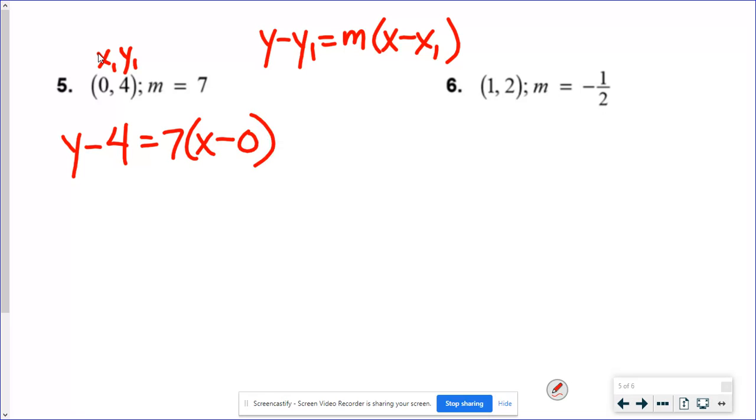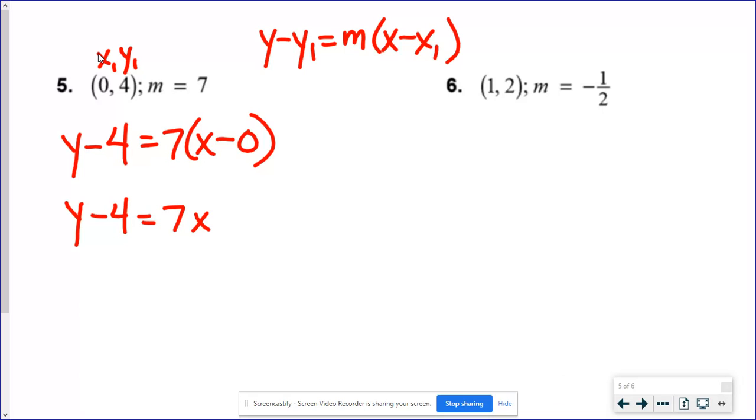Kind of like the last problem, I would say I don't really need x minus 0. Again, if you left the equation like this, it's fine. It's perfect. However, that stuff in parentheses is just x, which means I don't even really need the parentheses. I would have y minus 4 equals 7x, and that would be fine as well.